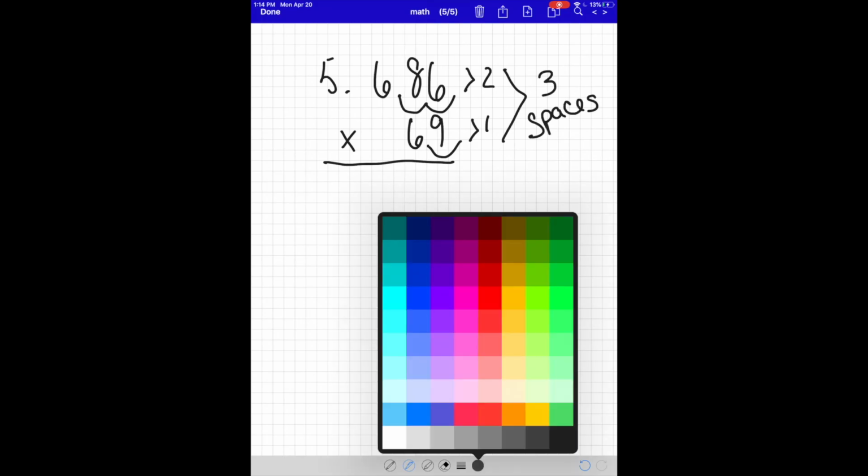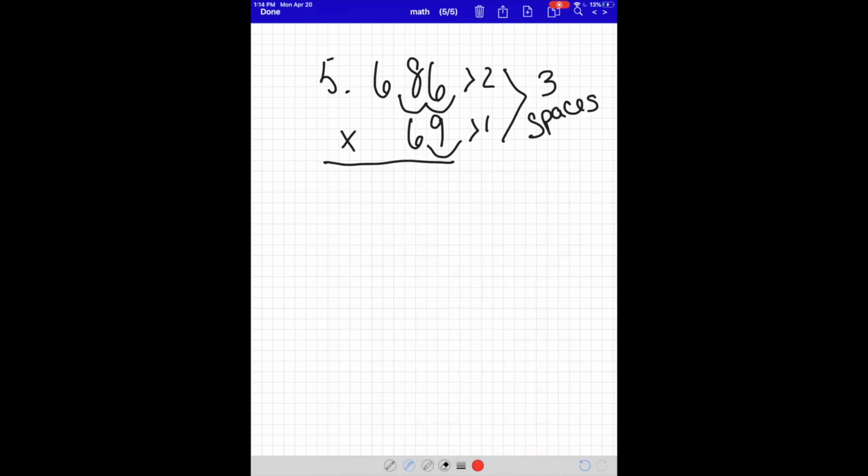And then we're going to start multiplying. So 6 times 9 is 54. Your 4 goes down, your 5 goes up. 9 times 8 is 72, plus 5 is 77. And 9 times 6 is 54, plus 7 is 61.